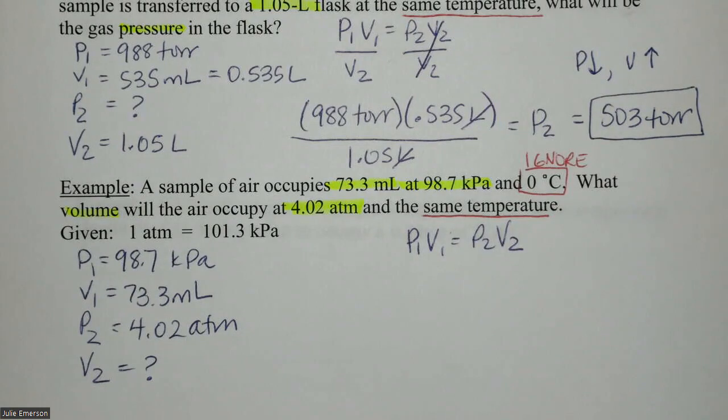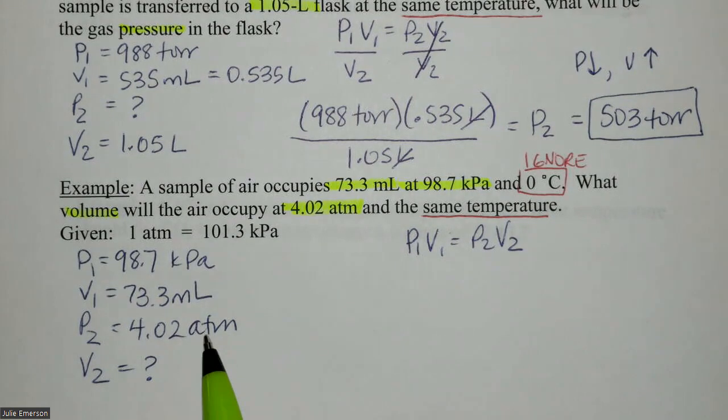All right, before I can plug and chug, I need to get either both units into kilopascals, or I need to get both into ATM. And again, doesn't matter which way you prefer to do it. Just because ATM is the standard unit, I'm just going to pick that one, but it wouldn't matter. You can use either way.